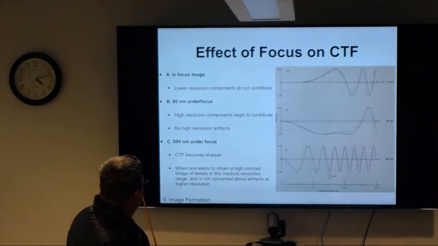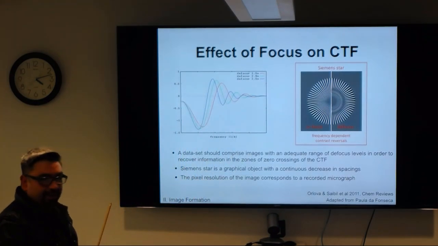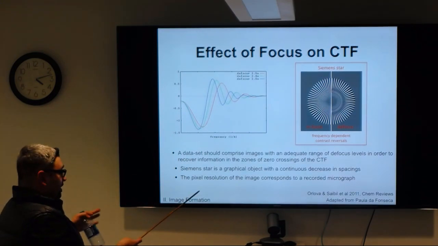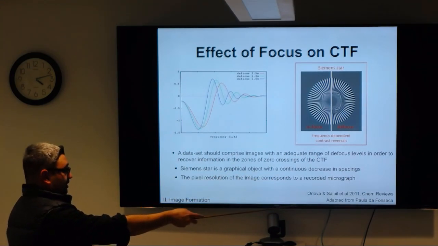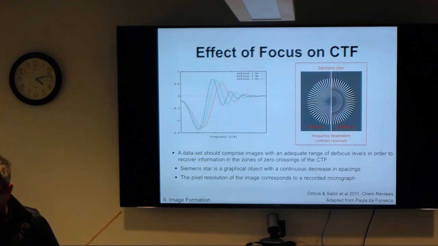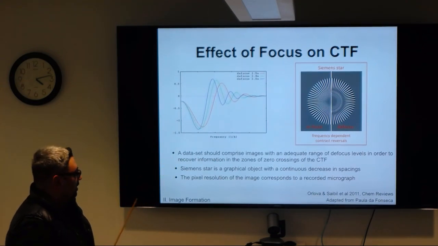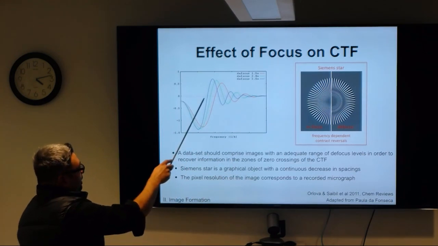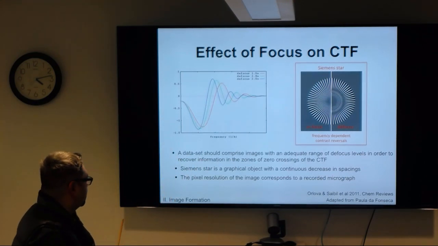When you see the contrast transfer function, you could think about the orchestra. A data set should comprise images with an adequate range of defocus levels. To hit home, we use a range of defocus so that we can try to recover information in the 0 zones. You can try to imagine this contrast transfer function and see how that might be possible.